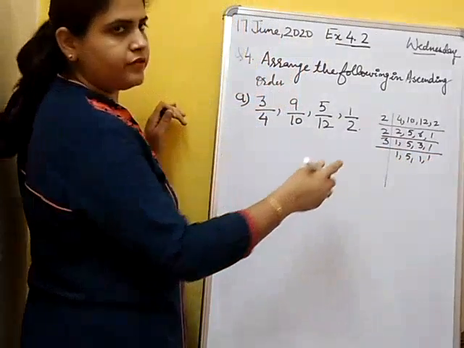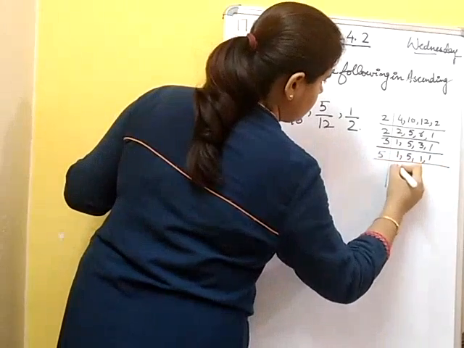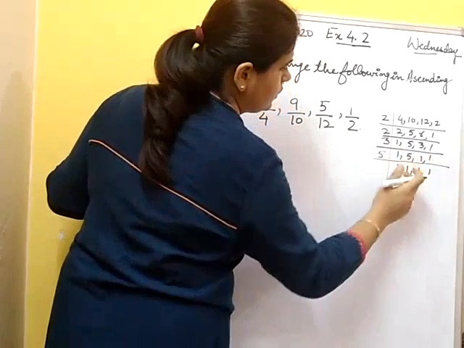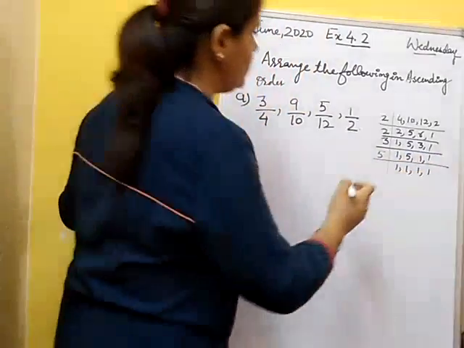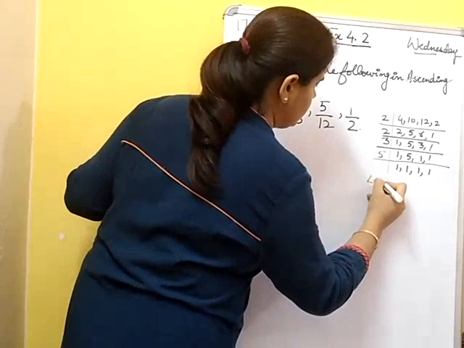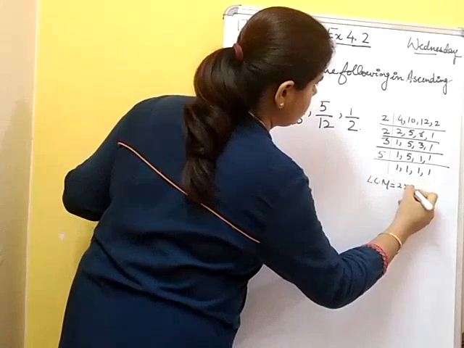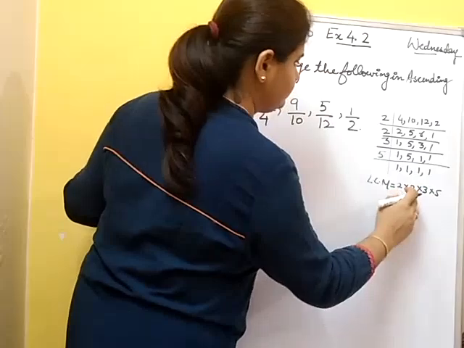Now, only 5 is left, so it will go on 5. 1, 1, 1 and 1. And last, only 1 is left, so LCM is equal to 2 multiply 2 multiply 3 multiply 5.